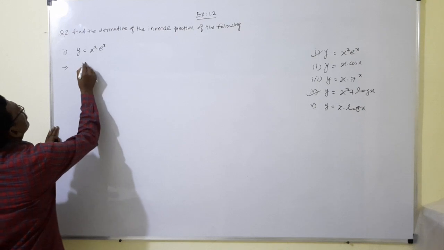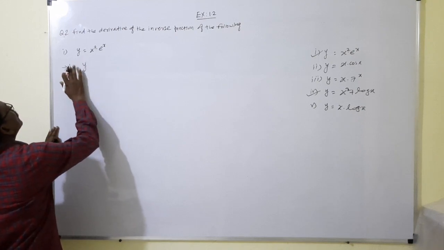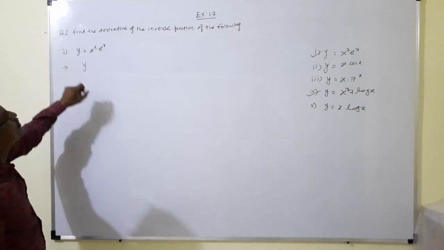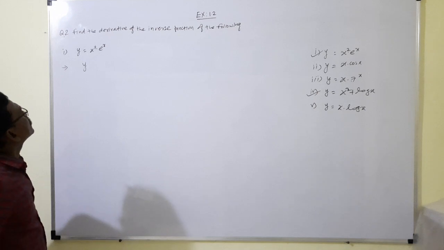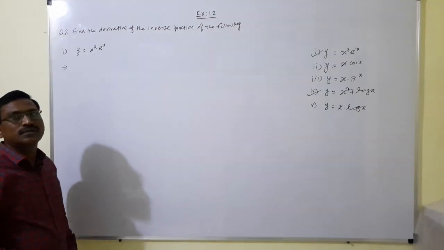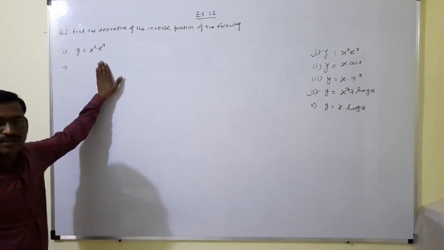Here we have to find the derivative of the inverse function. Now we take this first example, y equal to x square into e raised to x.